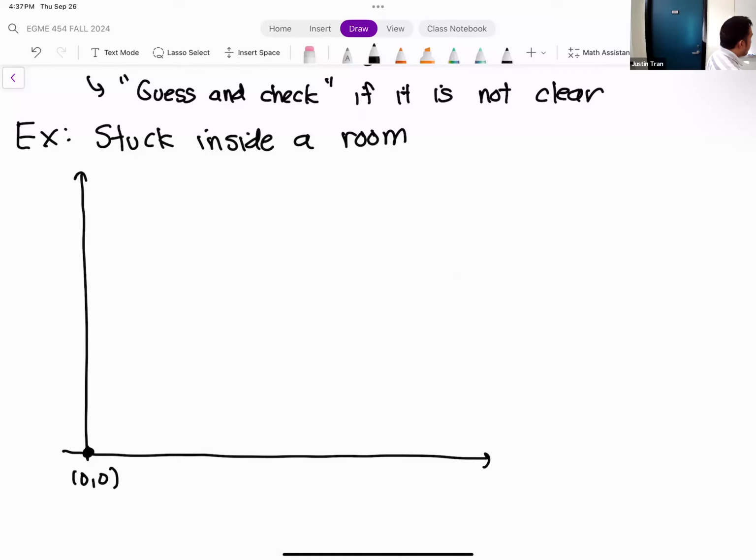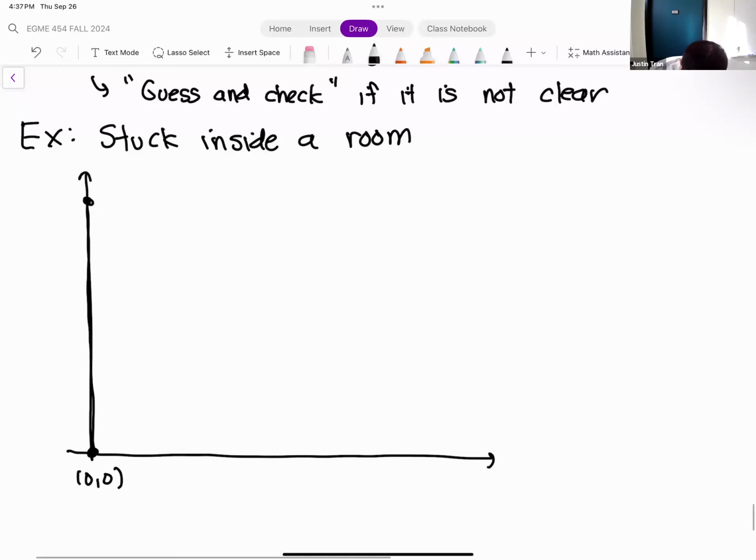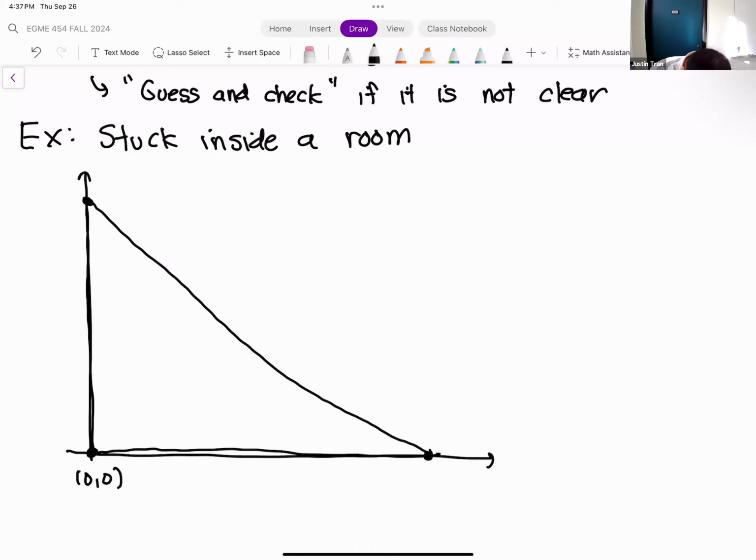And then just to make it a little bit different from your homework problem, let's say that the room has a triangular shape. Okay. And so one of the walls of the room is going to be the vertical axis here. Another wall is the horizontal axis. And then the other wall is going to be given by that there.